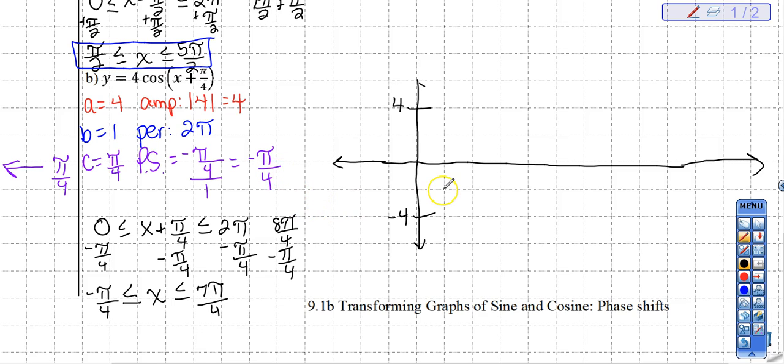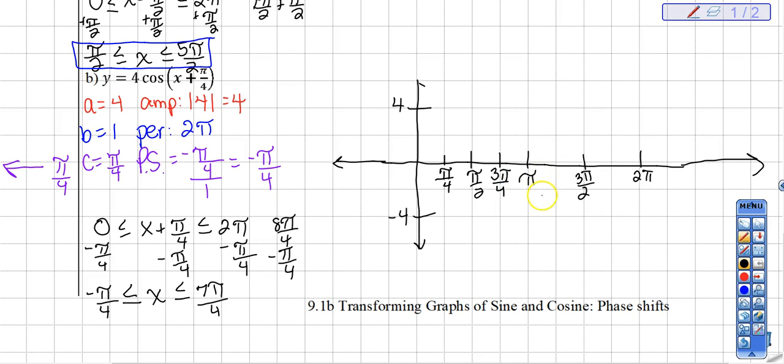And then I'd at least like for all of my graph to be on intersections. So if I make this pi over 2 and pi, and 3 pi over 2 and 2 pi, I can get my pi over 4s in between. That's pi over 4, 3 pi over 4.